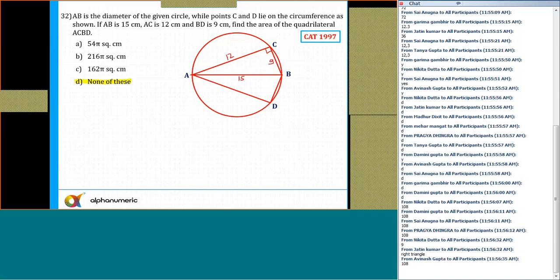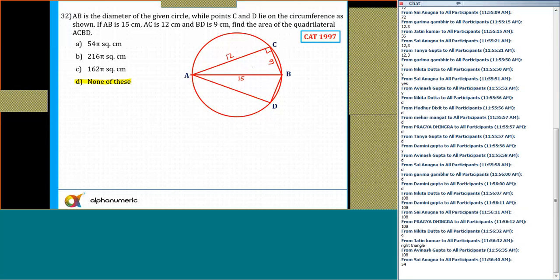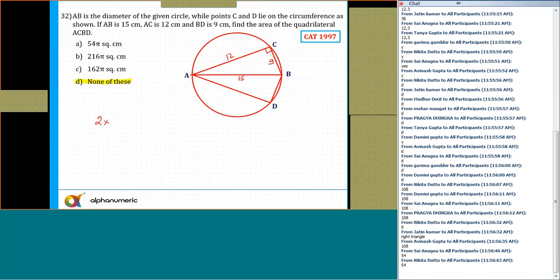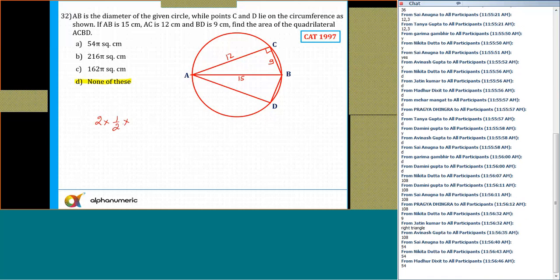Find the area of the quadrilateral. The total area is 2 into the area of one triangle, which is half into base 12 into height 9. So this is equal to 54, or 108 in total.